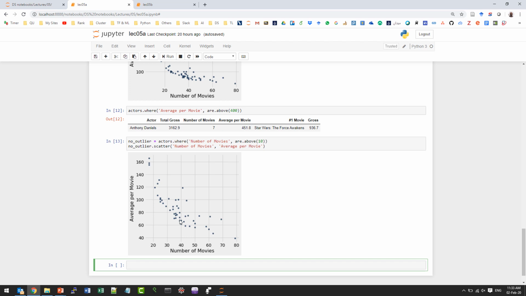Each individual might have a different average. Although they acted in the same number of movies, not the same movies, but the same number of movies, they have different y values. In that case, a line plot doesn't make any sense, because we connect sequential dots. We have a sequence of values in a line plot. Here we don't have that sequence.